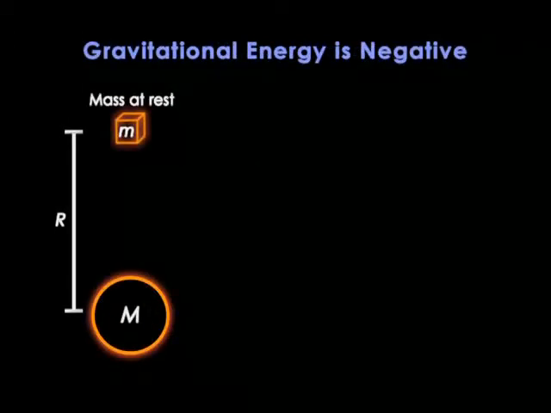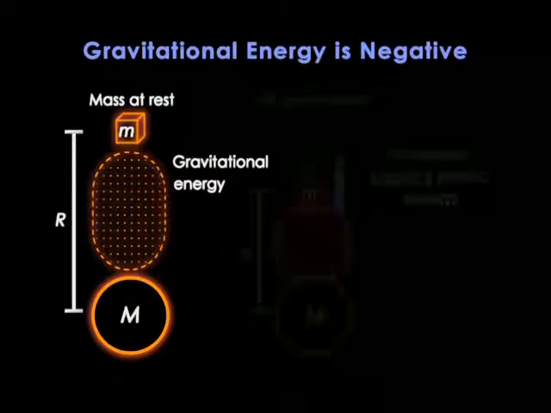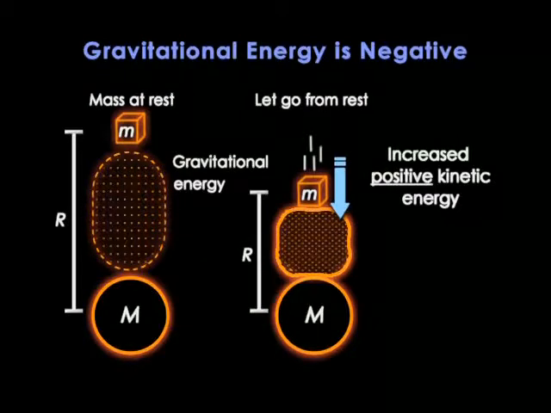Start with a mass at rest, some distance from a larger mass. There is energy between the two where both objects' gravitational fields interact. Now let go of the mass. It falls, picking up speed, and so its kinetic energy increases. Now this is normal positive energy. The rock would hurt you if it fell on your head.